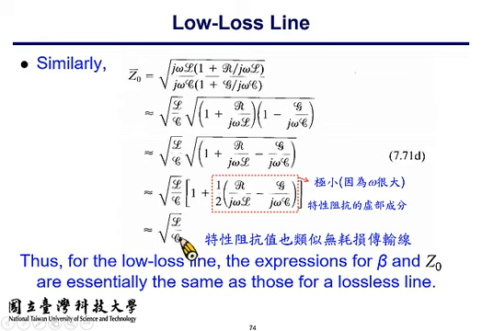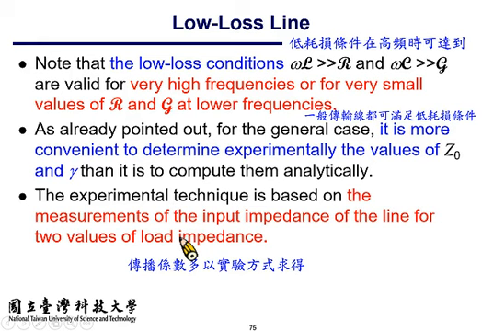All the other parameters, the phase constant, the velocity of propagation, and the characteristic impedance, are about the same as the lossless transmission line. That's probably the only thing that we need to modify.